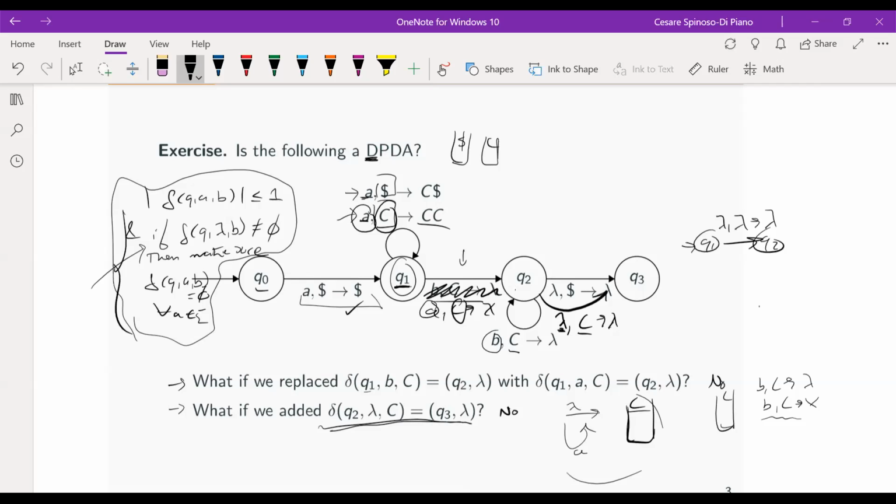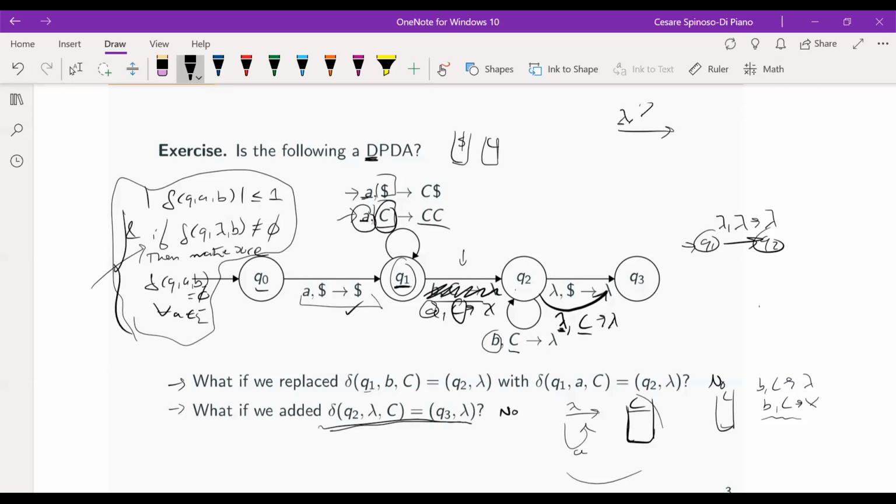What's going on here is you have two options. Either you can go to Q2 and then read a B, or you could use that lambda transition. So you have two choices, and by definition, that's why you can't call this deterministic. The rule, to make it even simpler, is that if you have a transition where there's a lambda, it's always just going to be the lambda for this rule.